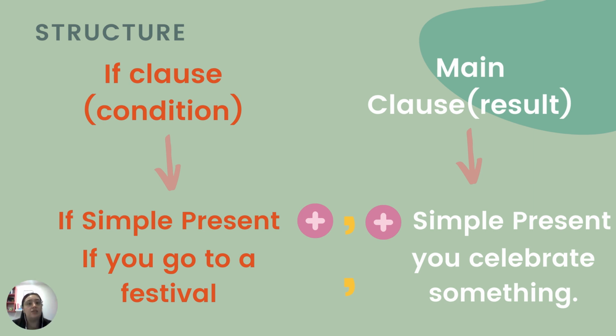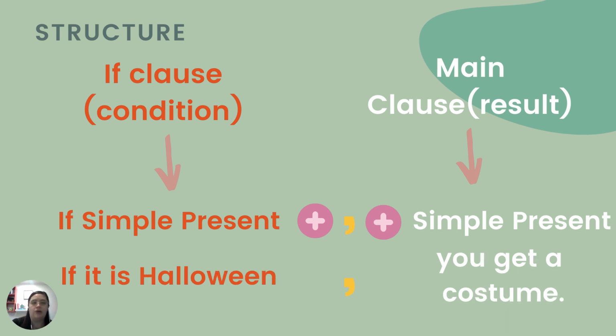If your sentence starts with if, when you finish that part, you need a comma there, okay? Great. Now, the second example. If it is Halloween, you get a costume. You see, as easy as that. For both of them, I used the simple present. And I did not forget the comma.